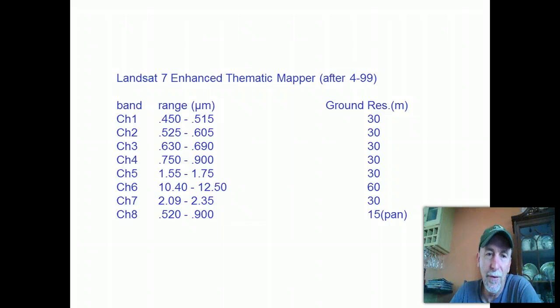Okay? And so the Landsat 7, this is the enhanced thematic mapper. We now are just waiting breathlessly on Landsat 8 and its added channels, but the Landsat 7, as you can see, has 7 multispectral channels and then 1 panchromatic channel.